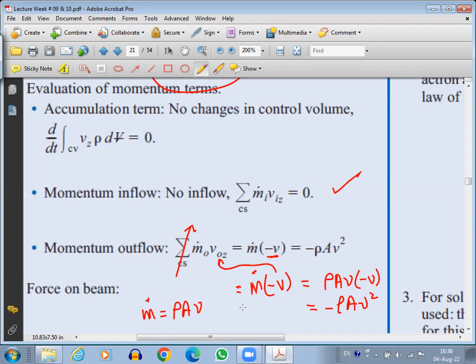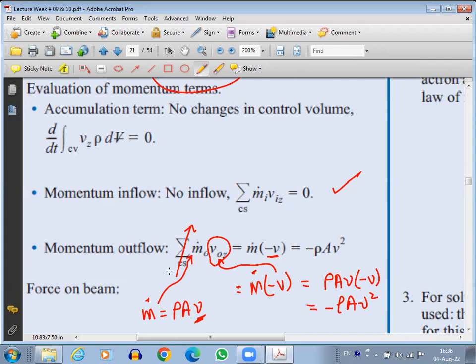The point of understanding is that this velocity here is the directional component. So we have to consider the direction. Is it positive or is it negative? But when we use the velocity to calculate the mass flow rate, we just need the magnitude, irrespective of whether the velocity is positive or negative.